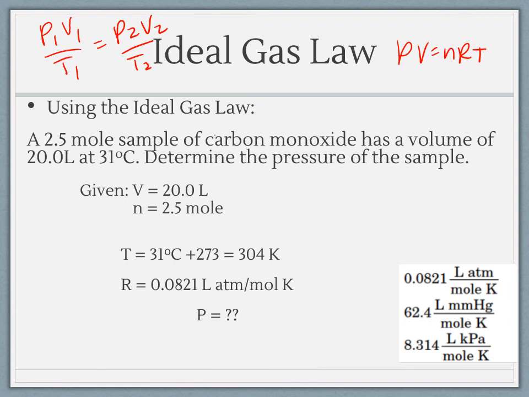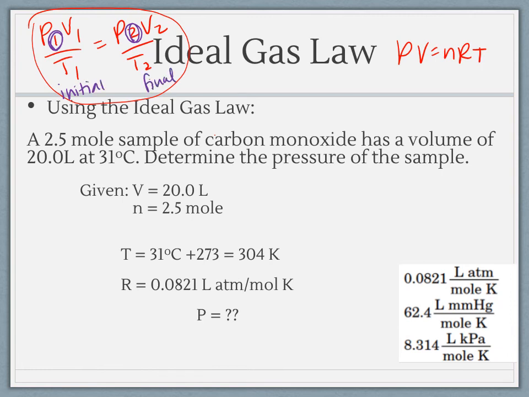Well, when we were using these gas laws previously, you notice that the conditions are changing. In all of those problems, it said something like, we had an initial volume of this and a temperature of this. We changed the volume to this. What's the new temperature? So we always had changing conditions where we needed to have a 1 and a 2, or an initial and a final.